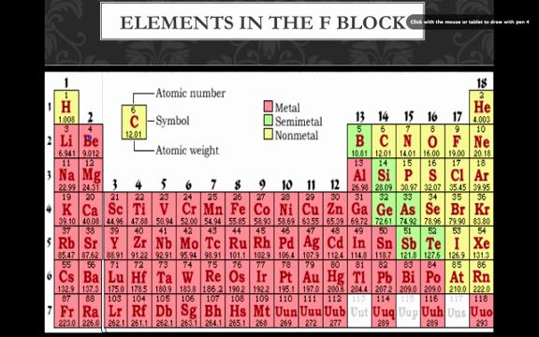Chromium here is number 24, and it's in the d block. Our exceptions are always going to exist in the d block and in the f block, but the ones that I really want you to know about are the chromium family and the copper family.